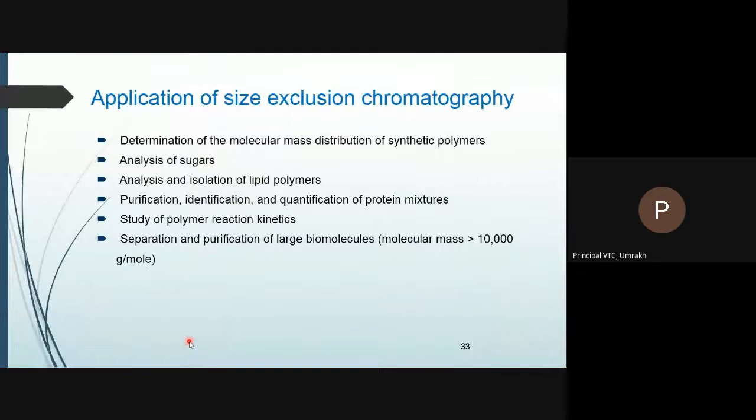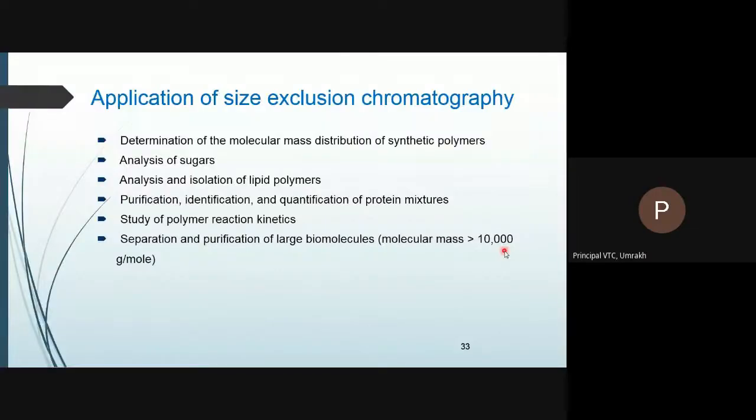Applications of size exclusion chromatography: it is used for determination of molecular mass of synthetic polymers, analysis of some sugars, and analysis and isolation of liquid polymers. It can be used for purification, identification as well as quantification of protein mixtures, and for study of polymer reaction kinetics.